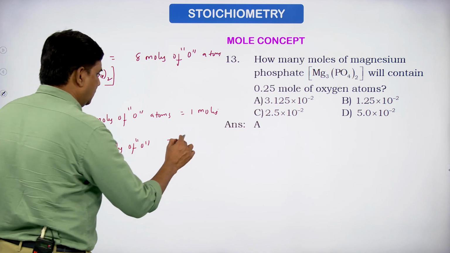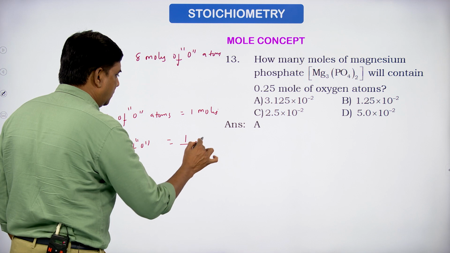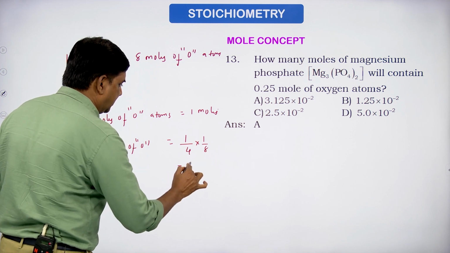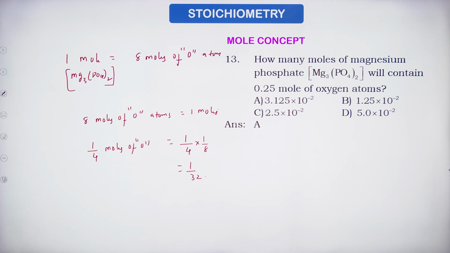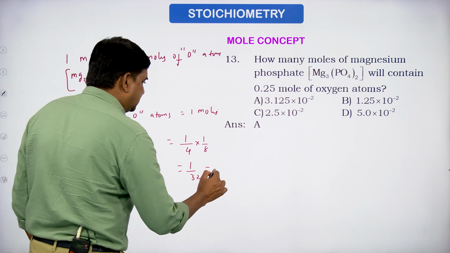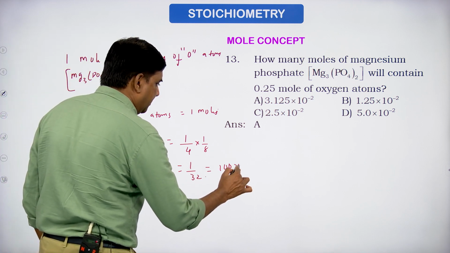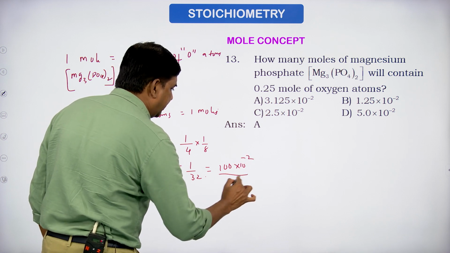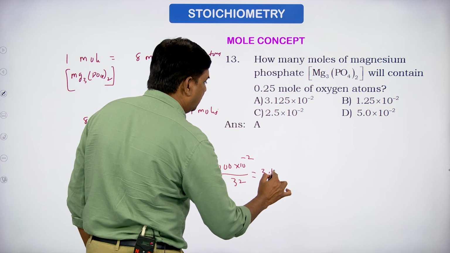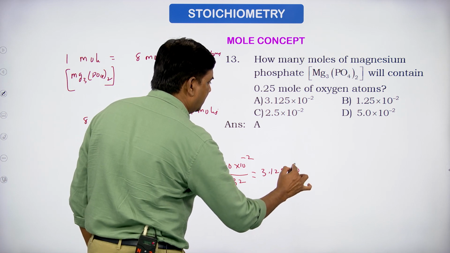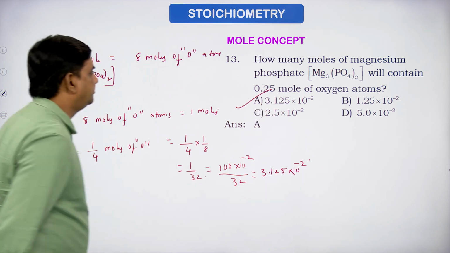That is equal to 1 by 4 into 1 by 8, which is equal to 1 by 32. One by 32 means approximately you can write 100 into 10 power minus 2 by 32, which gives approximately 3.125 into 10 power minus 2. Answer is A.